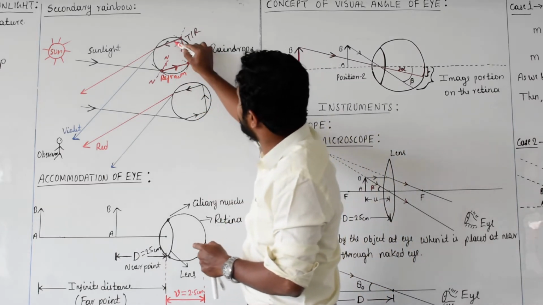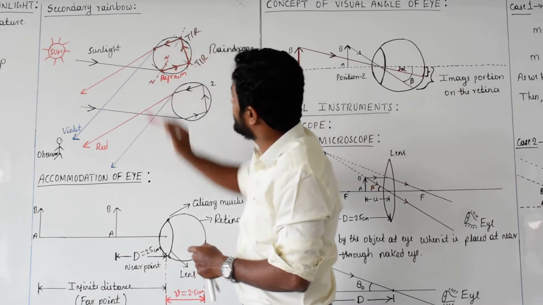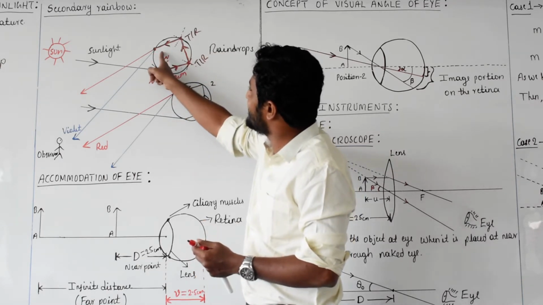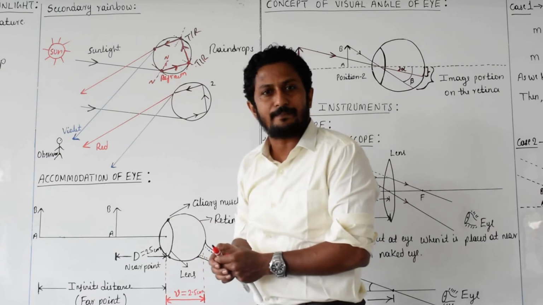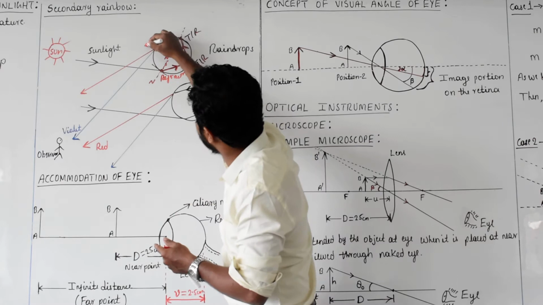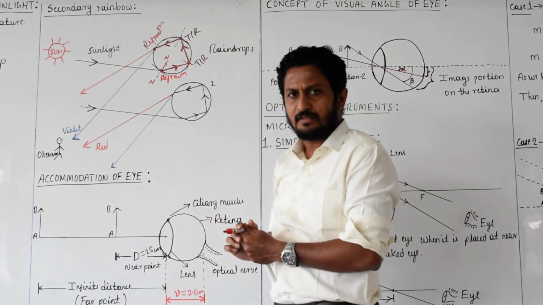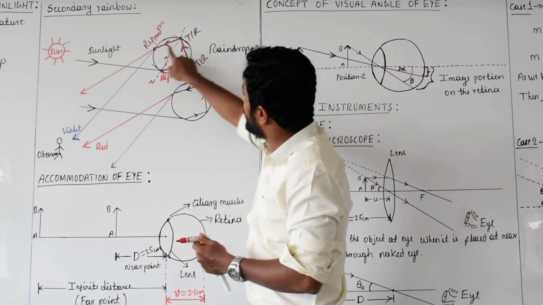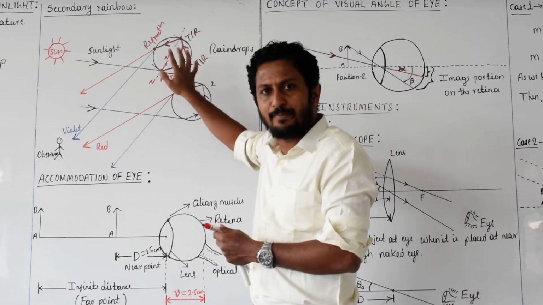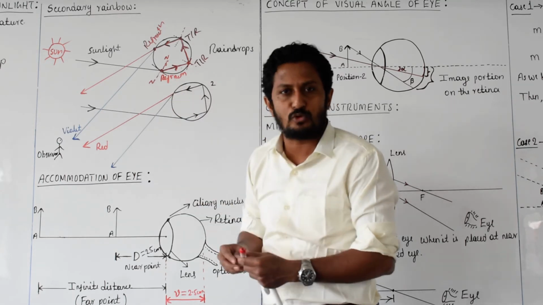Then this reflected light ray came and got incident here, moving from denser to rarer medium. Here a refraction happens. So two TIR and two refraction happened here when light entered through the bottom portion.